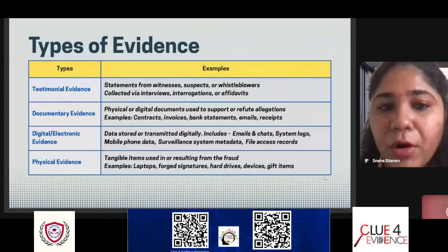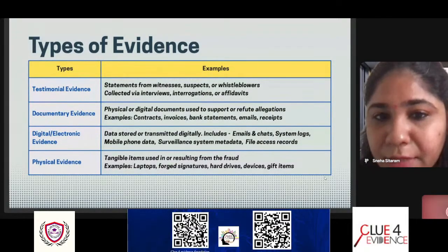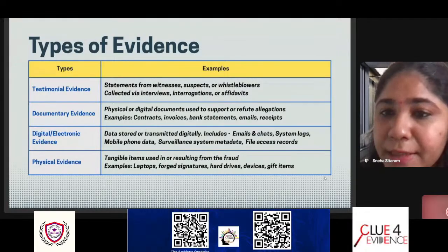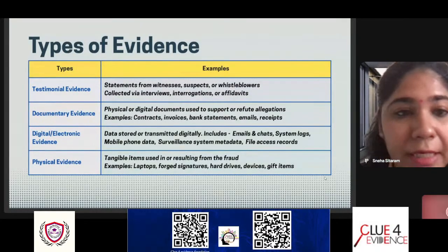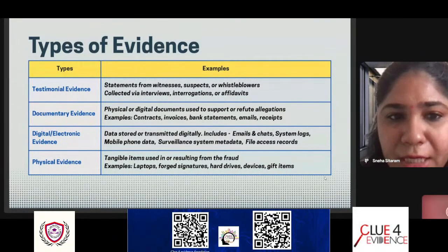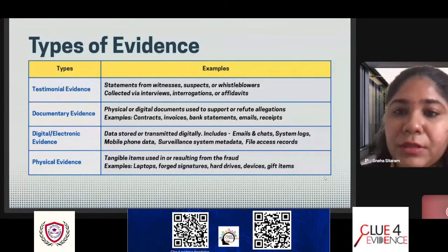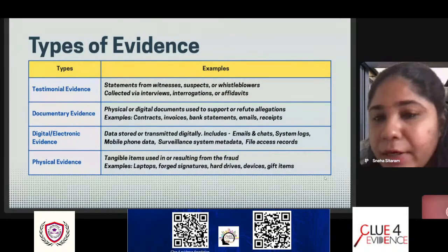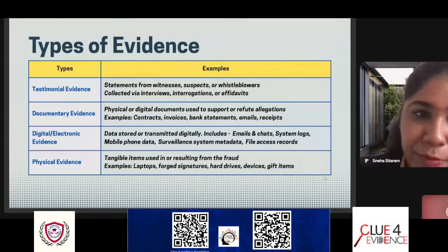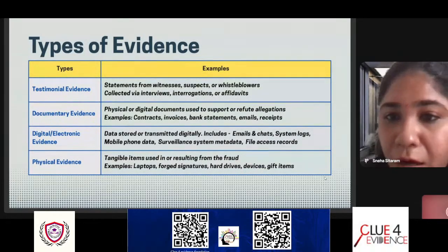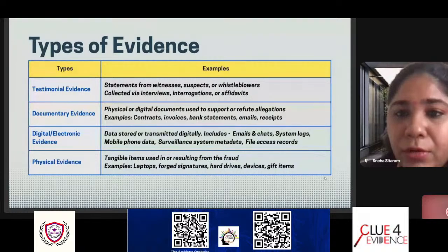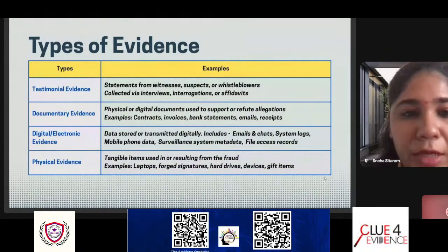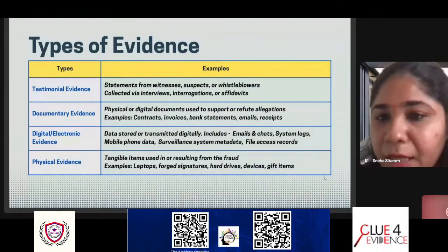If we talk about contracts, invoices, bank statements, emails, these are the documents which we will be dealing with in most of the cases. Because if it's going to be revenue or sales related, contracts and invoices will be into picture. If it's going to be your vendor kickbacks or price related or vendor related issues, definitely you will get into the bank statements, email reviews.